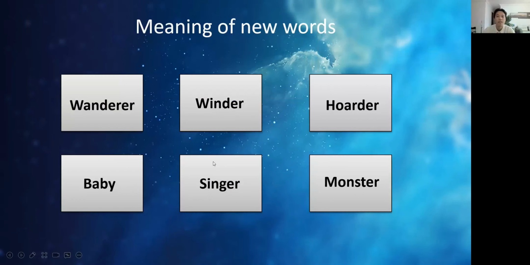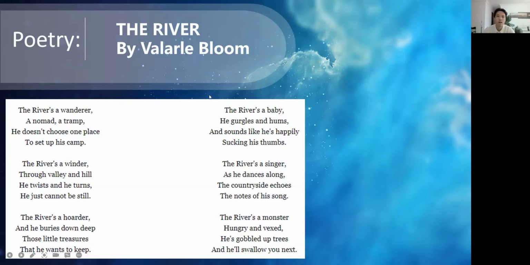All right, now let's move on to our poem today. The name of the poem is The River by Valerie Bloom. I don't know if you have heard this poem before, especially in Malaysia. I don't know if we have this poem in China or a Chinese version. I haven't heard it in Chinese, but in Malaysia it's very famous.